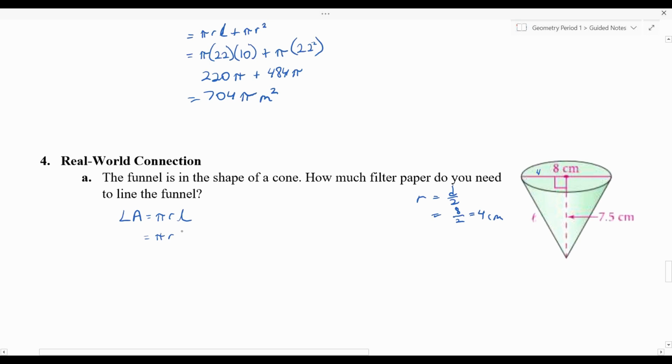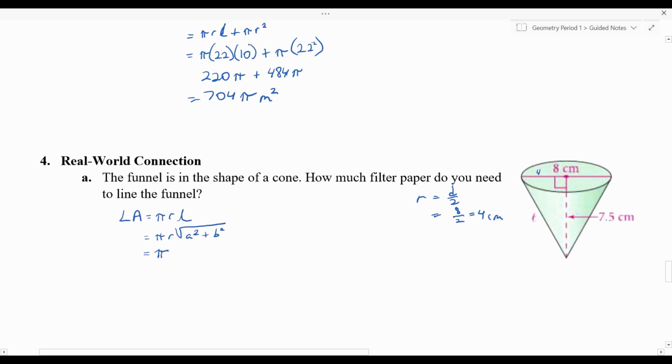So L is going to be essentially the square root of, and I'm just going to write this in general terms, a squared plus b squared, right? Because we're using the Pythagorean theorem. So we can plug in our numbers now and start calculating.